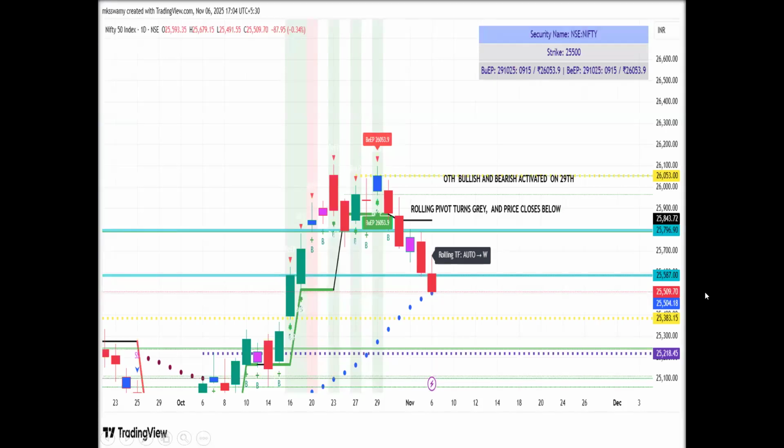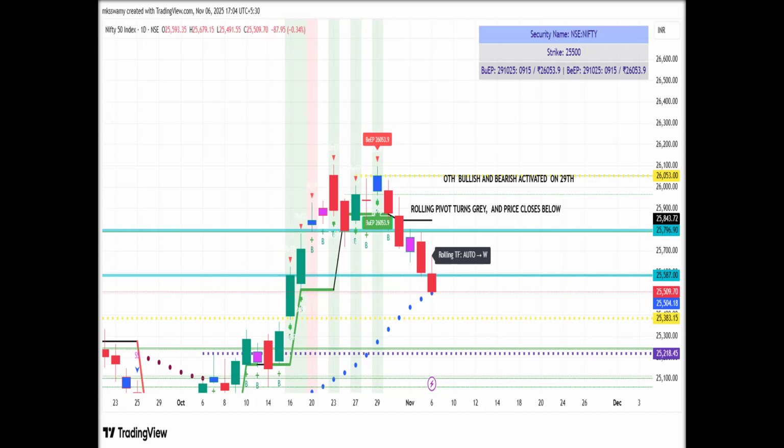Here, I have taken the example of Nifty, same thing. On 29th, bearish EP and bullish EP were reflected through my indicator at the price line of 26,053. When it was reflected, the market had actually already started its offload since Deepavali day itself, but it was subtle.